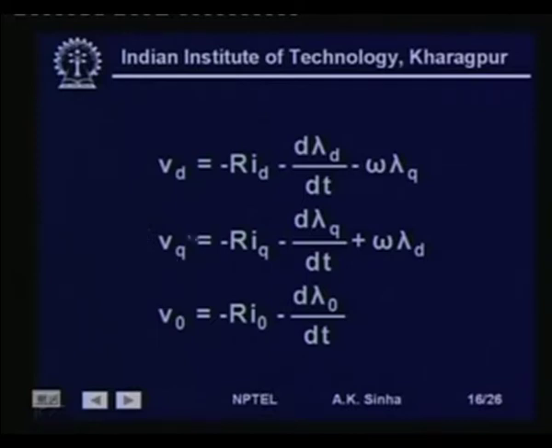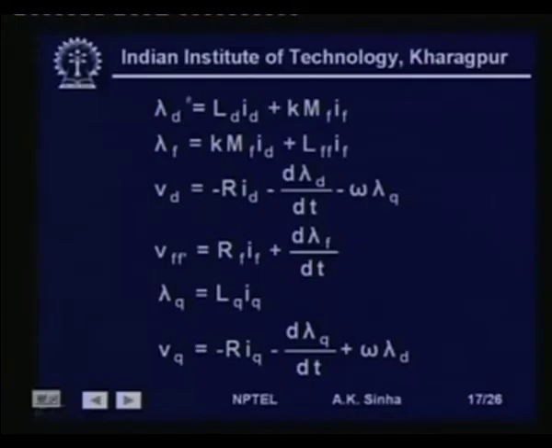Similarly, the q axis voltage depends on d axis flux linkage and the speed, and this is what is providing us what we call as the speed voltage, and which is basically giving us the relationship for power which is generated or transformed from mechanical to electrical. These are the terms which provide that part.